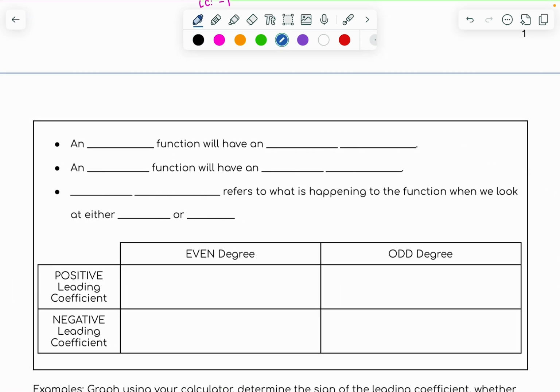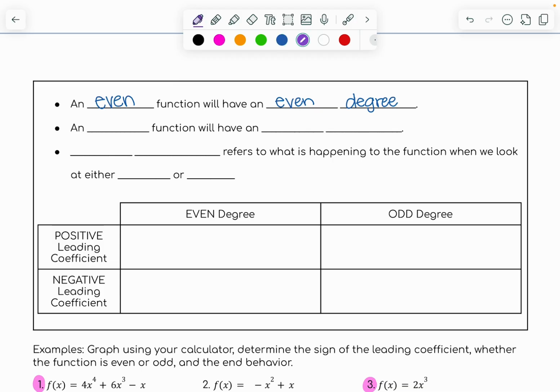So we're going to start with an even function. An even function will have an even degree. Therefore, an odd function will have an odd degree. Okay?